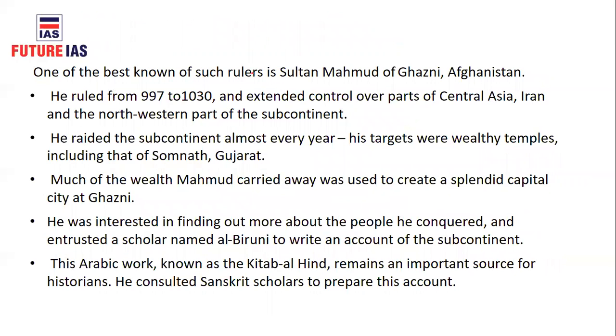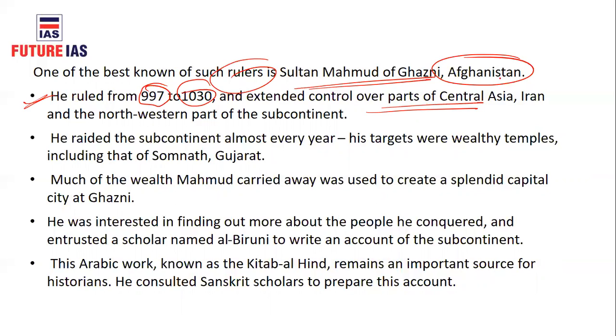One of the best known of such rulers is Sultan Mahmud of Ghazni, who was the ruler of Afghanistan. He ruled from 997 AD to 1030, and extended his control over parts of Central Asia, parts of Iran, and the northwestern part of the subcontinent. He started expanding into the Indian subcontinent and raided it almost every year.